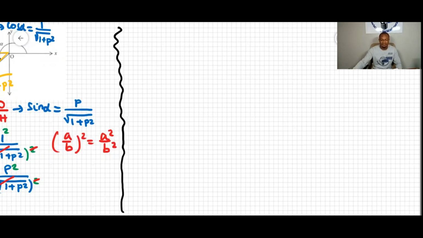Let's say we're using the property that says cos of 2 alpha equals cos squared alpha minus sine squared alpha.